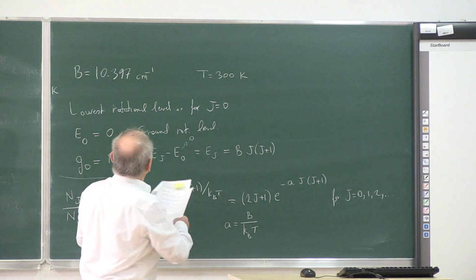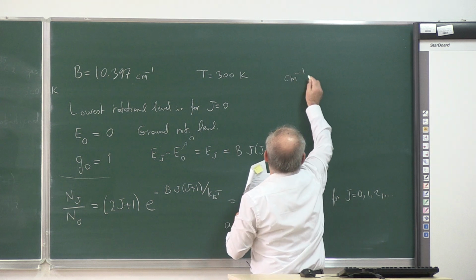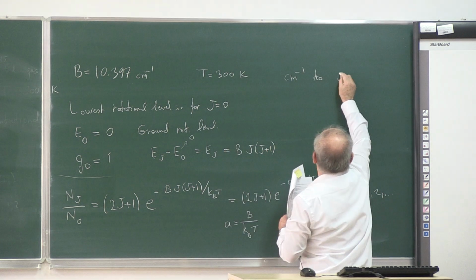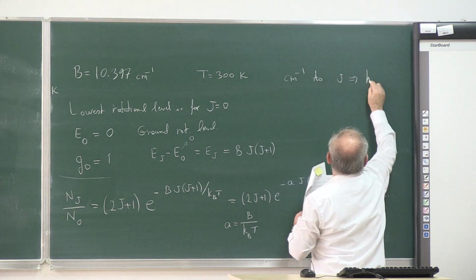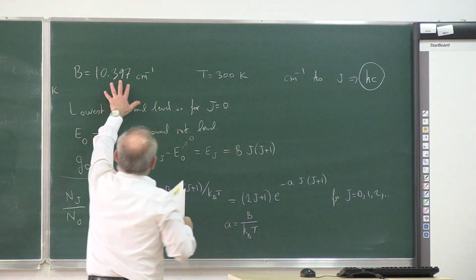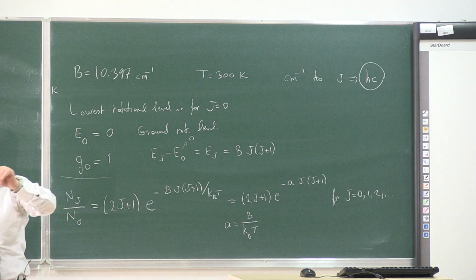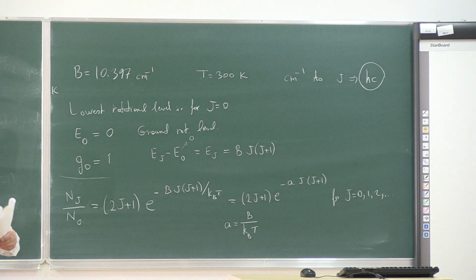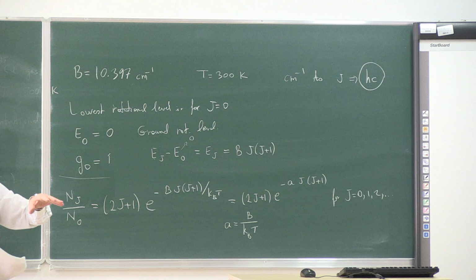So if you multiply this with h times c, but you must make sure that for c, you employ centimeter per second, which means 3 times 10 to the 10, that factor. h is the standard value.